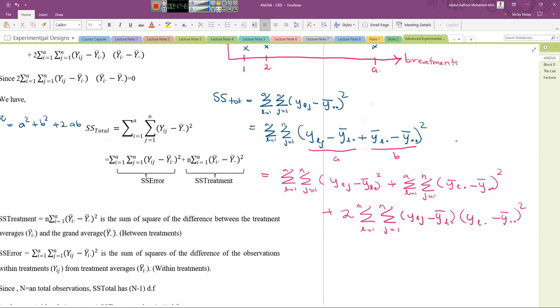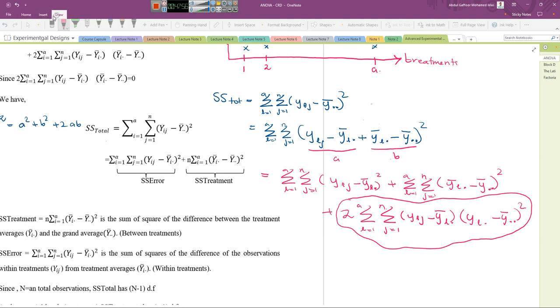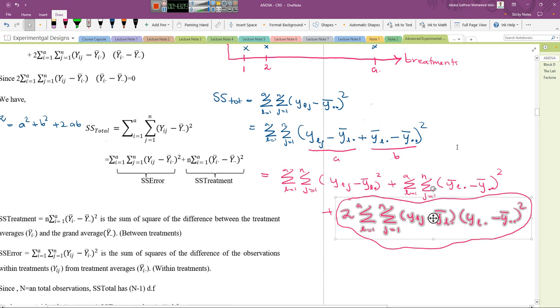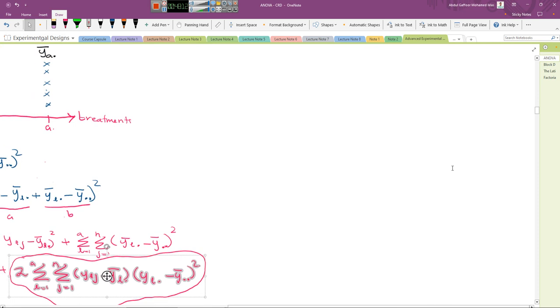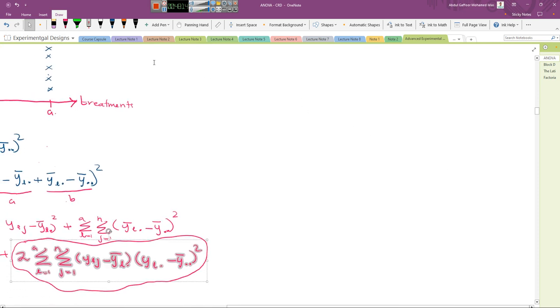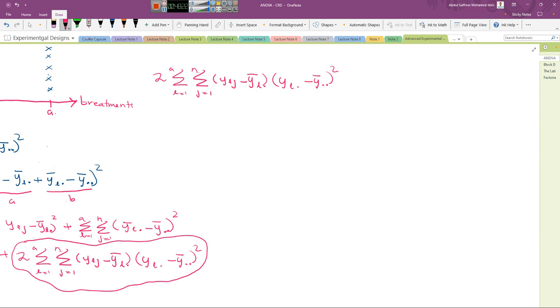Now if I consider only this portion, let me copy this. Now I have to show that this portion is equal to 0, right? So my objective is to show that this is equal to 0.